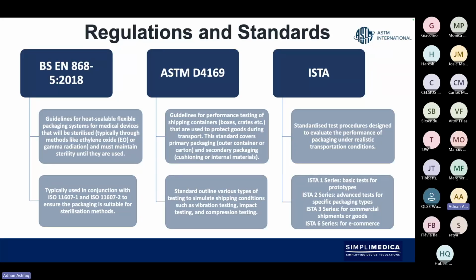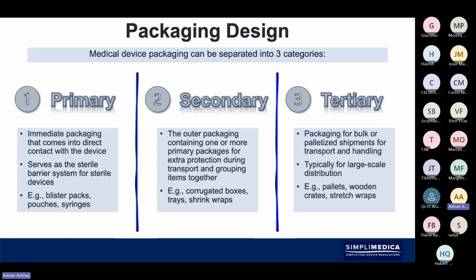So therefore, ISTA 3 is usually the recommended starting point for validation of packaging, which then leverages ASTM D4169 and the different dash subsets of D4169, which then go into the different levels of testing which is required.